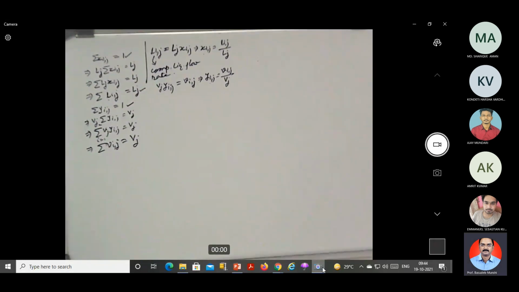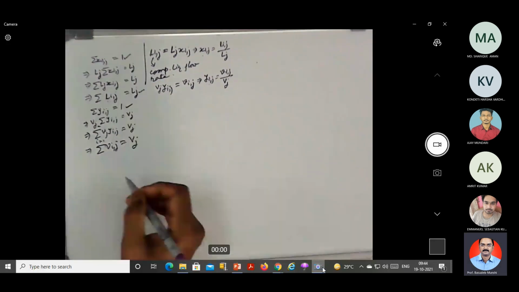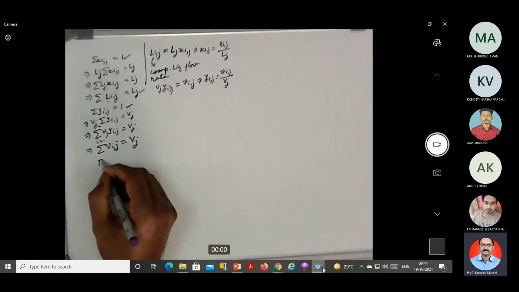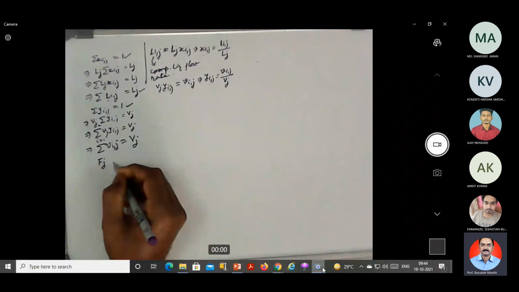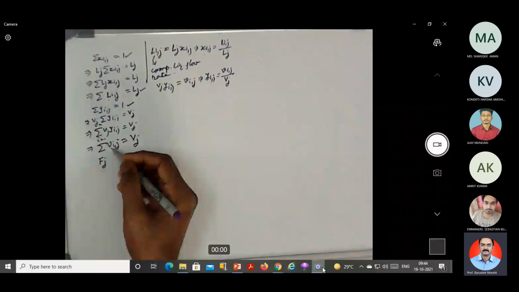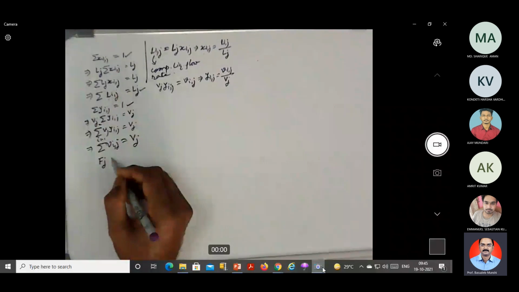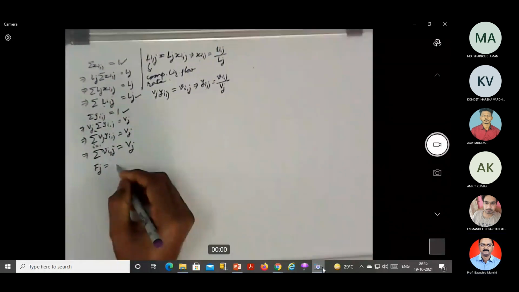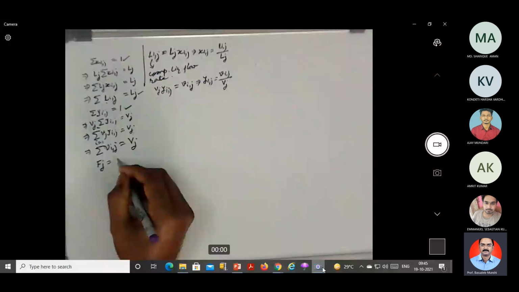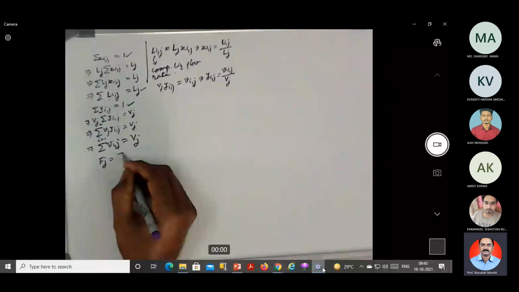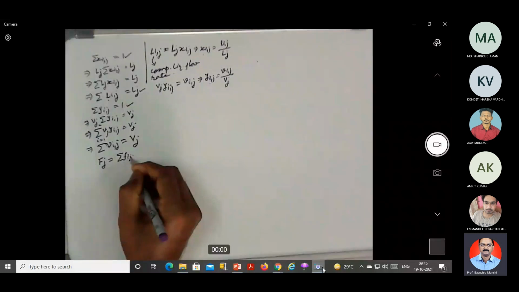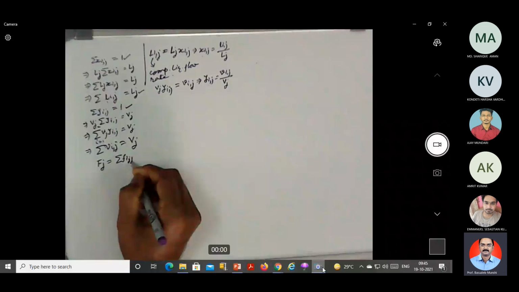So before that, let us define two more terms. One is total feed flow rate. Okay, so following the same principle, we can write Fj, total feed flow rate, is equal to sigma Fij. What is Fij?